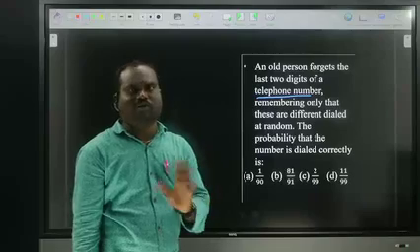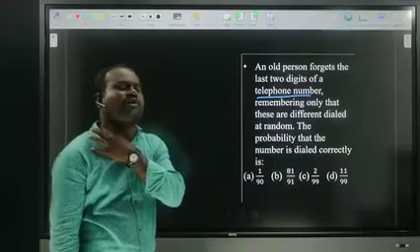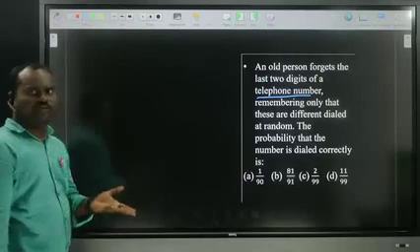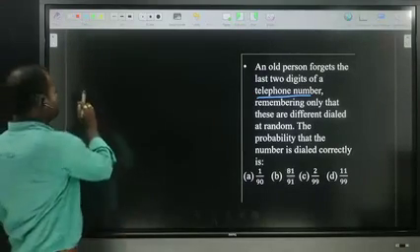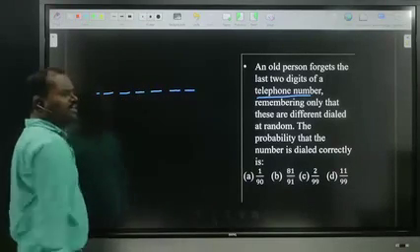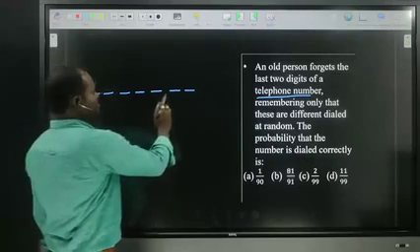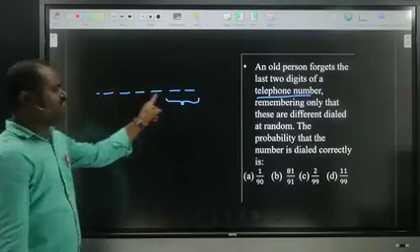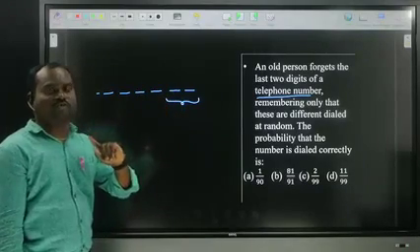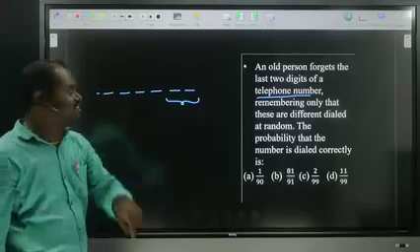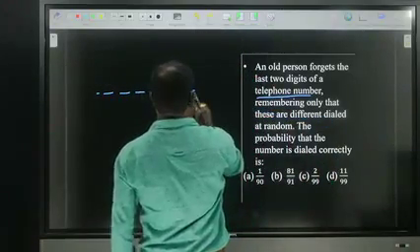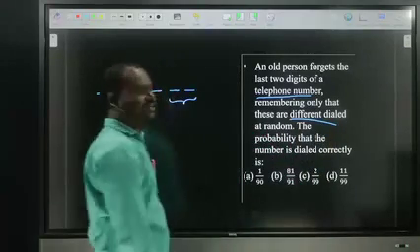We don't know what the telephone number is, and it is not required. Let us assume it is a 10 digit number. He has forgotten the last two digits, but one thing he remembers: these digits are different, that means no repetition.